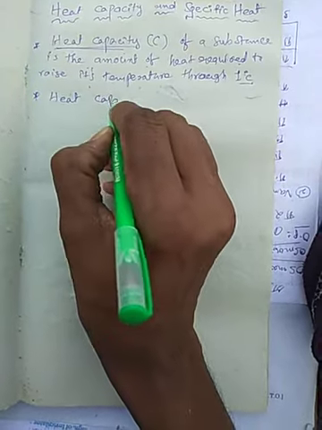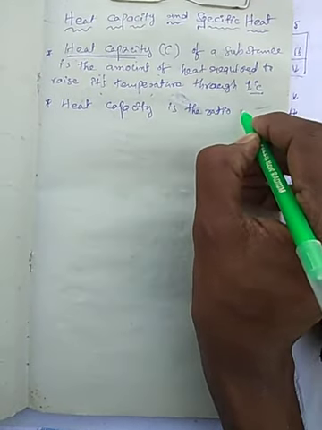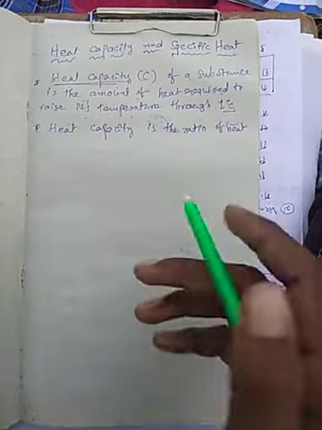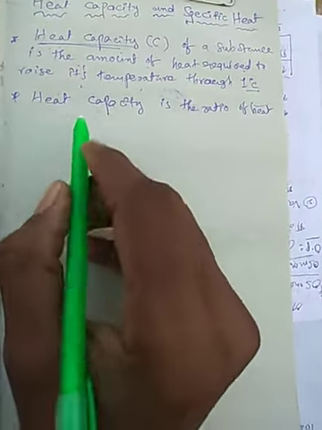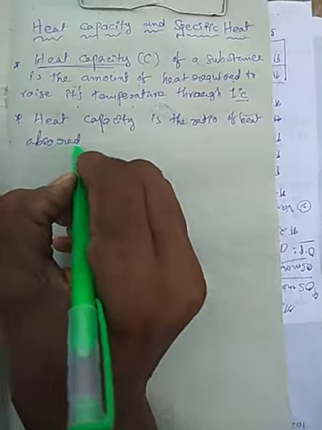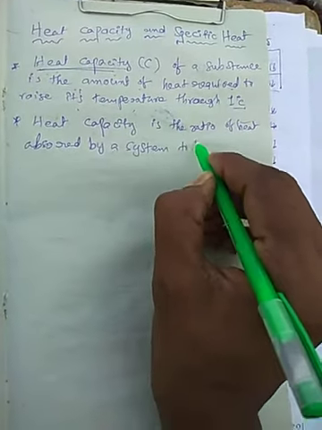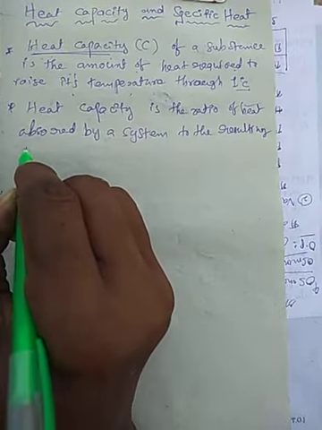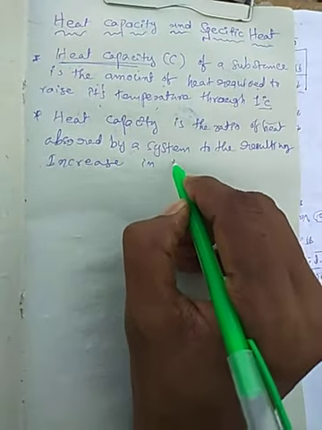Now the heat capacity is the ratio of heat absorbed by a system to the resulting increase in the temperature.